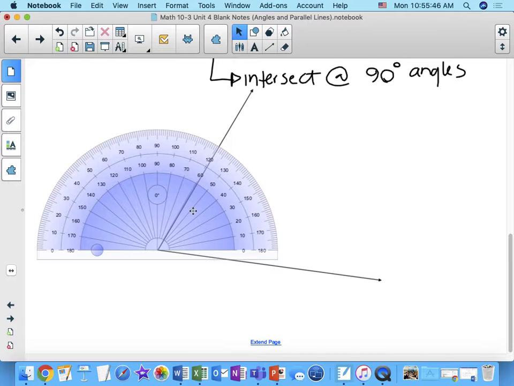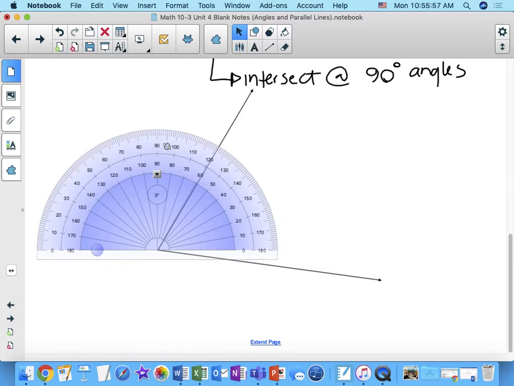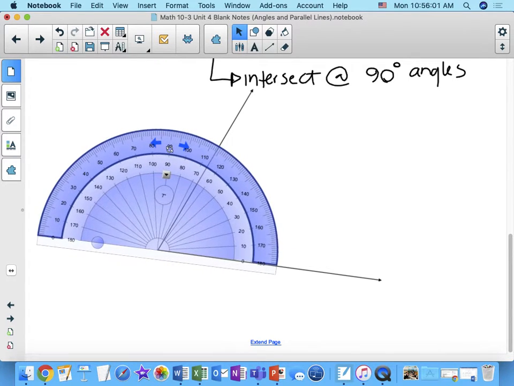So I'm going to rotate it like that so that it's sitting right on the arm of the angle.